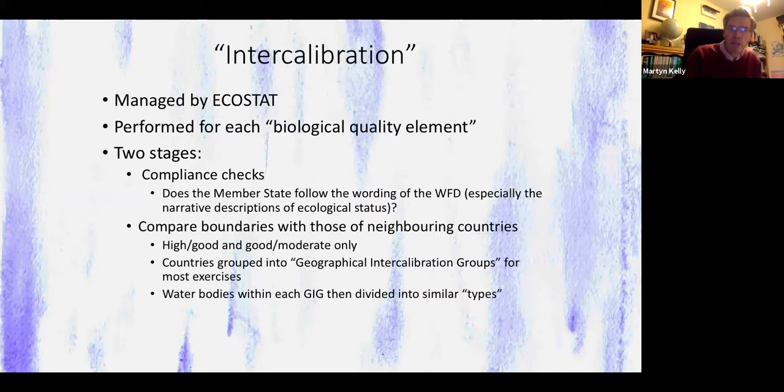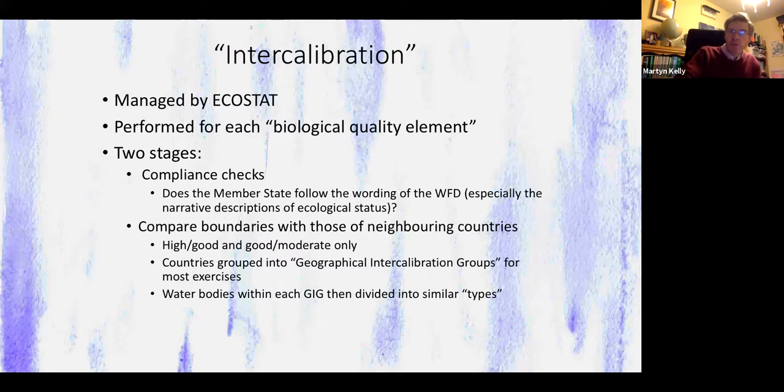And to do this, countries were grouped into geographical intercalibration groups, or GIGs. So the theory was we were comparing like with like. And then some of the larger countries were in 2 or even 3 GIGs. So France, for example, was in an intercalibration with UK, Germany, and some other Central and Northwest European countries.